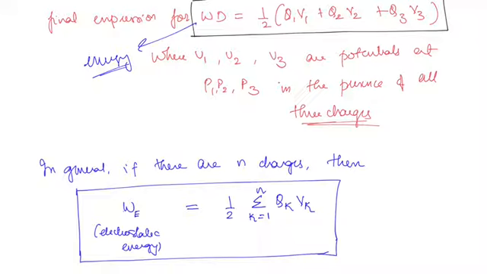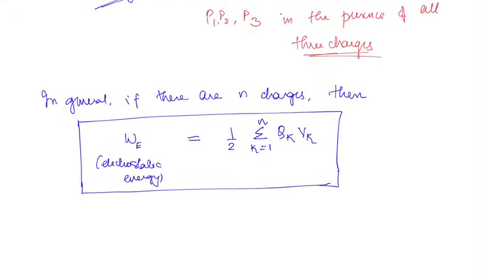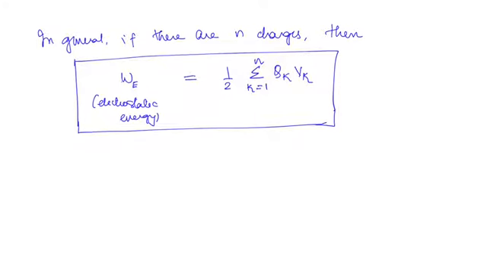Here we have taken the case of point charges. More general is if you take an electric field, because various charge distributions give different electric field expressions. So we can write it in terms of the electric field.